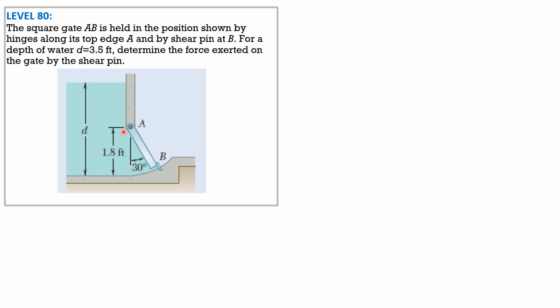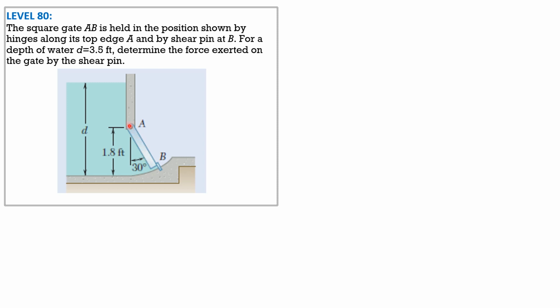So since everything is known, then we can compute the pressure at A and at B. Then let's divide that pressure diagram into two parts so that we can compute the equivalent forces which represent the volume of the pressure diagram. And the width perpendicular to the board, the gate is square.